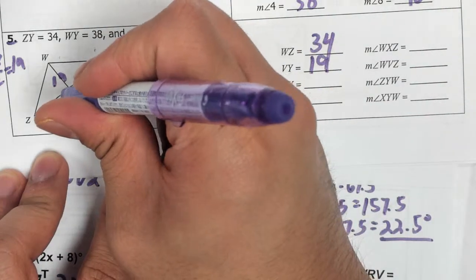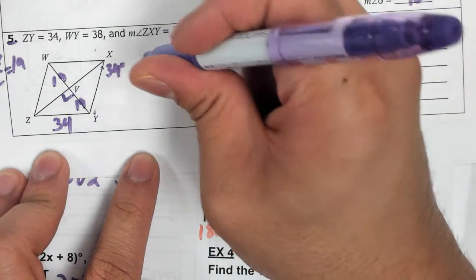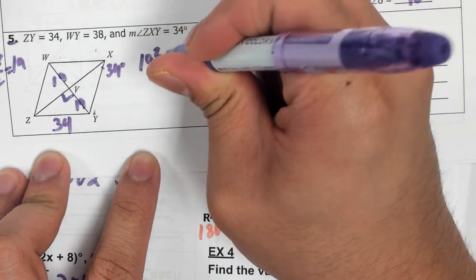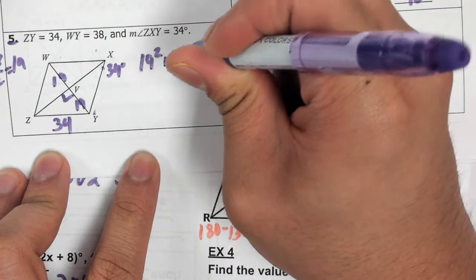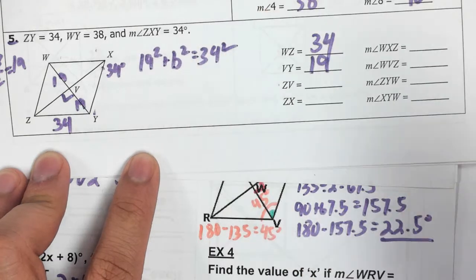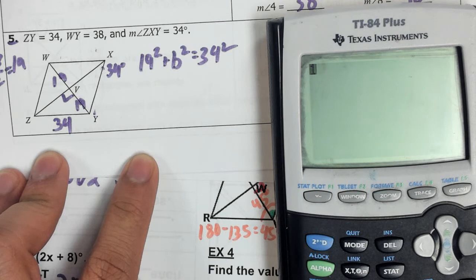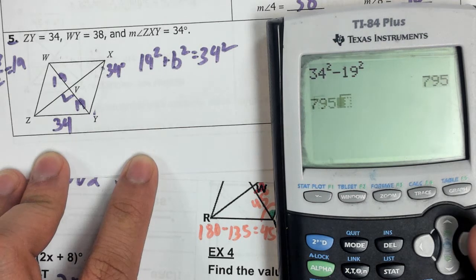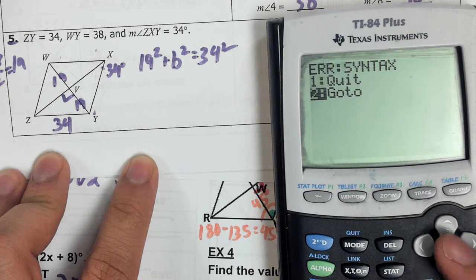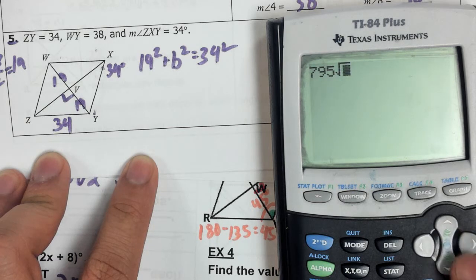ZV, right angle, that's a Pythagorean theorem question. 19 squared plus b squared equals 34 squared. I'm just going to show you the work. 34 squared minus 19 squared, and then square root.